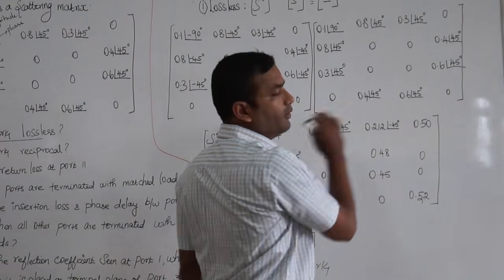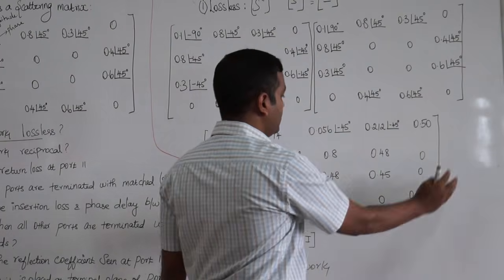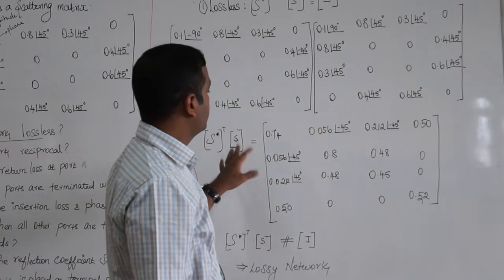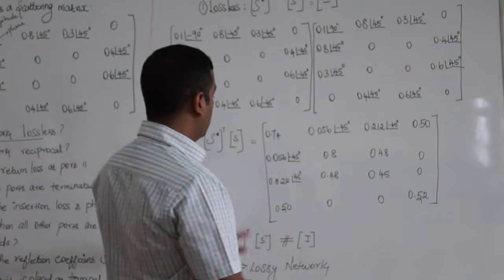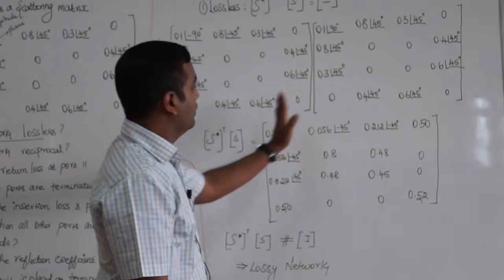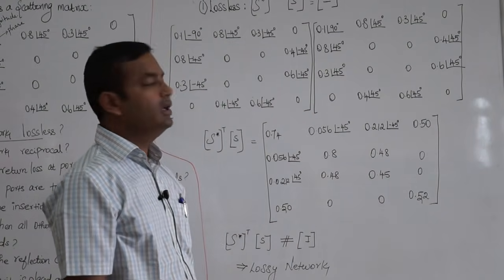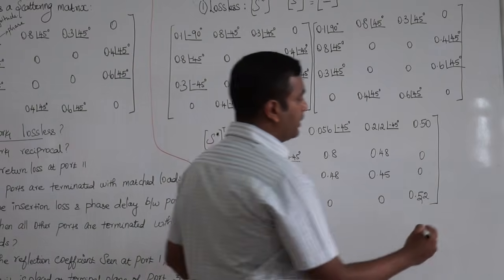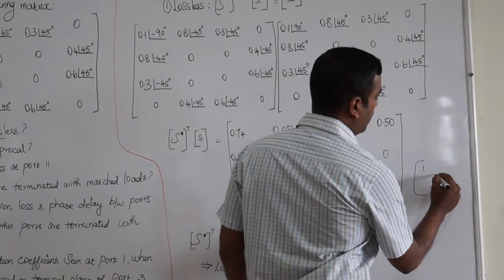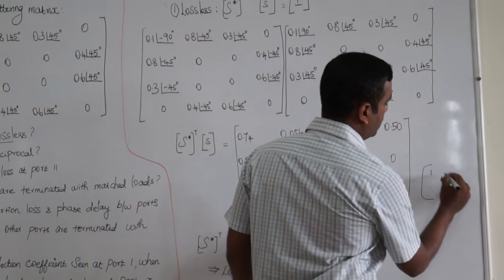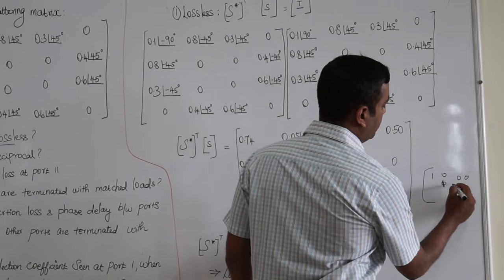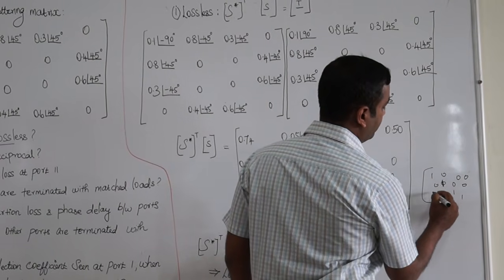Similarly, you do the full 4x4 matrix multiplication. This is your final S star transpose into S. Now look at this. Is it a unitary matrix? It's definitely not a unitary matrix. A unitary matrix has only diagonal elements, and all the other elements will be 0.